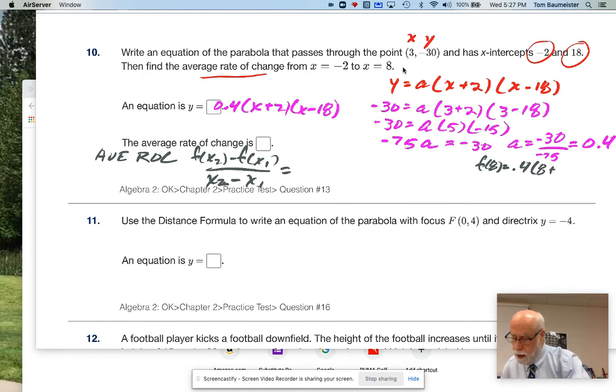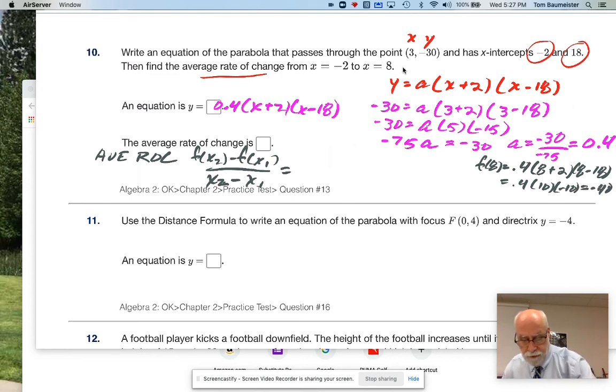So I have 8 plus 2, and then I have 8 minus 18, right? So then I'll have 0.4 times 10 times -10, which is -40.